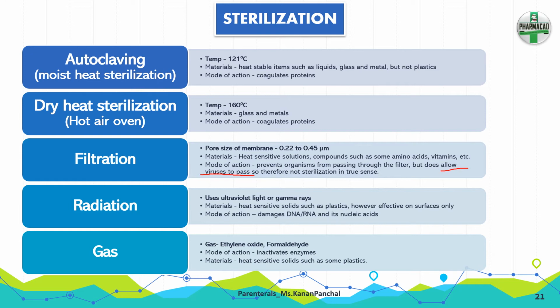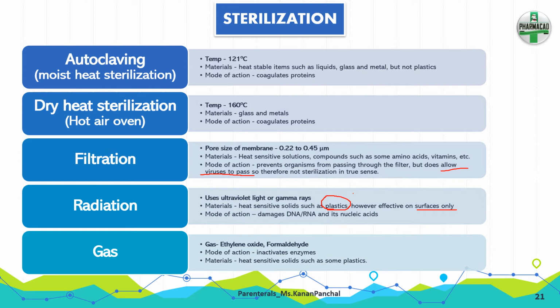Now the next method is the radiation method. It generally uses UV rays, gamma rays, and at times even beta rays are used. This is generally for surface sterilization. It is also used for heat sensitive solids and plastics.